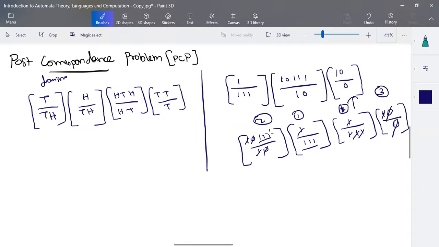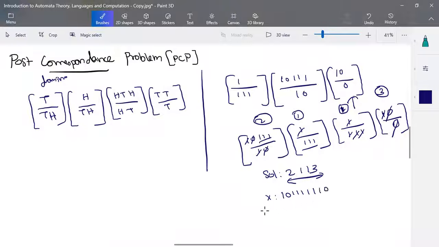So when the dominoes are arranged in a pattern such that 2, 1, 1, 3, if it is arranged in this pattern, then the string that is formed by combining the numerators on the top, we can call it an x value. The first step is 1, 0, 1, 1, 1 for this domino, and 1 here, and you have 1 here. And you have 1, 0 here.